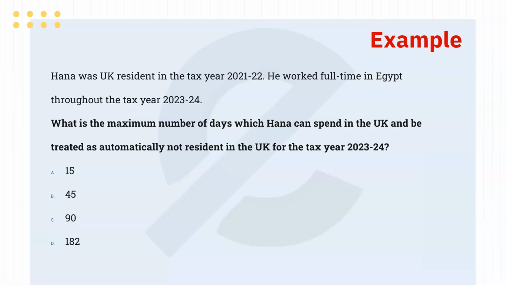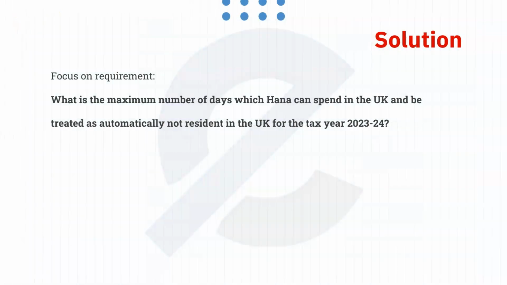Now this is a tricky question because this approaches the residency rules from a different perspective. To solve this, first let's focus on the requirement. What is the maximum number of days which Hannah can spend in the UK and be treated as automatically not resident in the UK for the tax year 23-24?